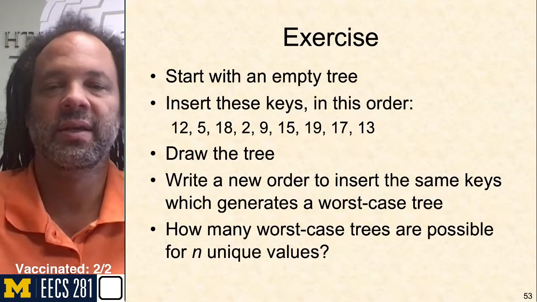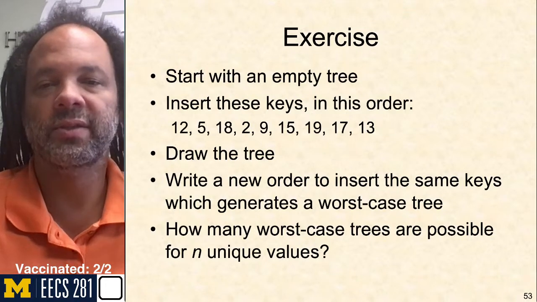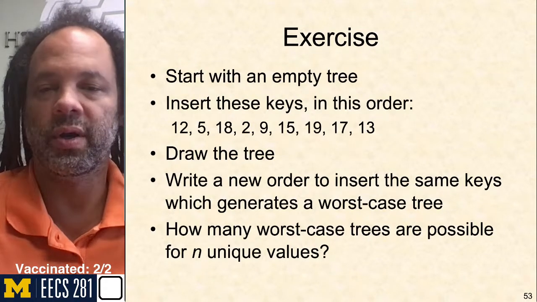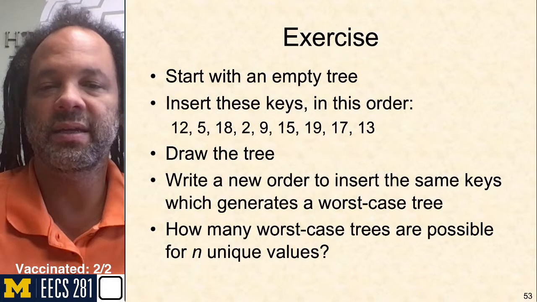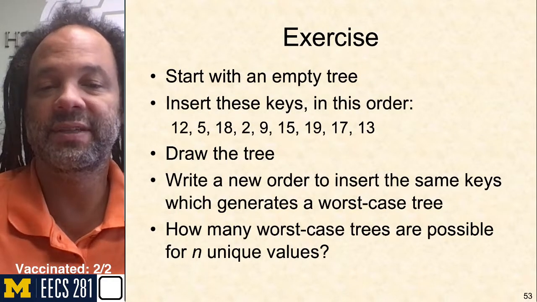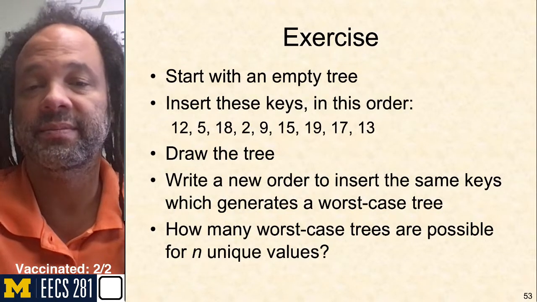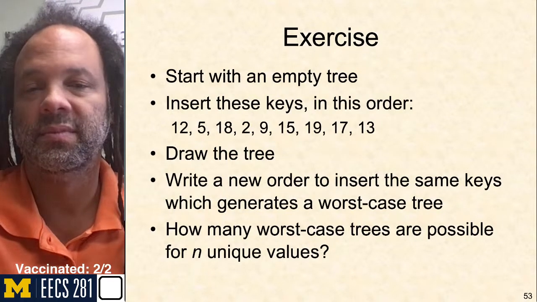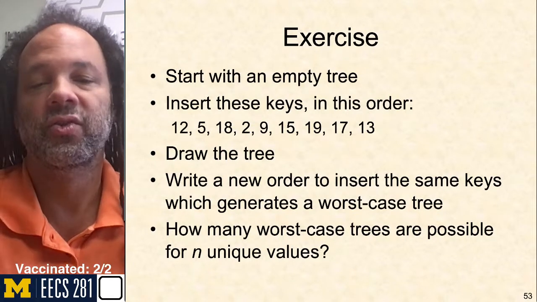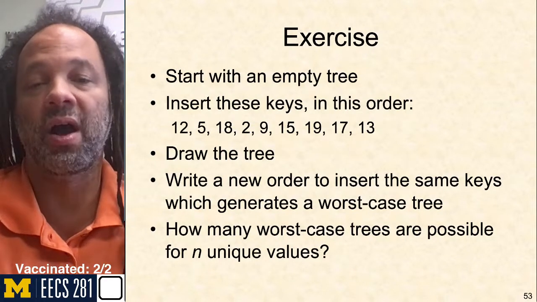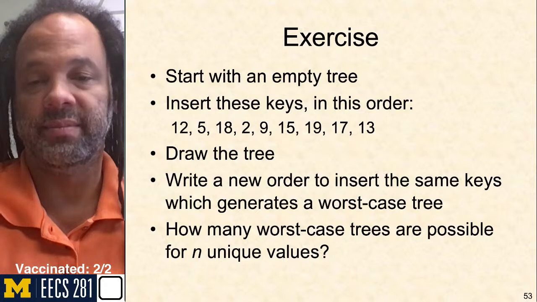So here's an exercise. Let's start with an empty tree. Insert these keys in this order: 12, 5, 18, 2, 9, 15, 19, 17, 13. Draw the tree. Right? Start with an empty tree. And when I say draw the tree, what I'm talking about here is draw a binary search tree.